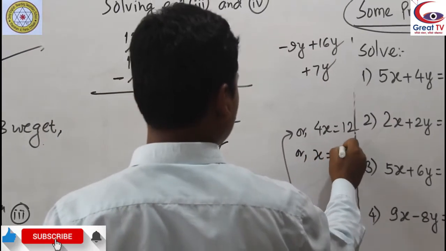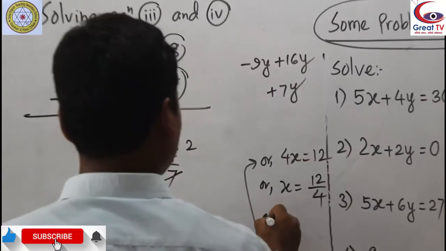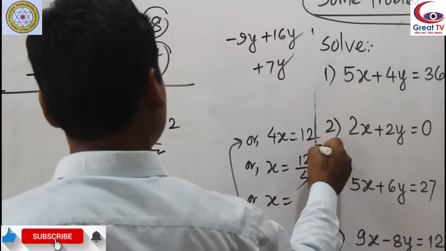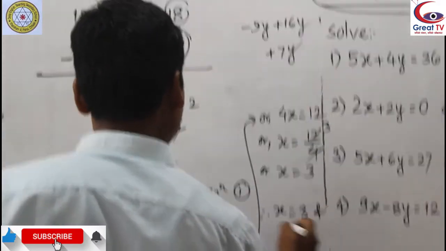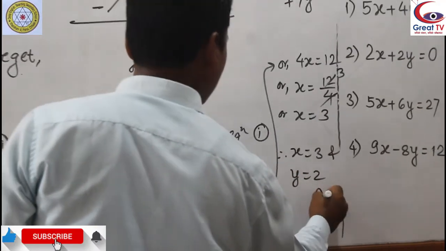So x equals 12 divided by 4. So x equals 3, 4 threes are 12. Therefore, x value 3 and y value 2.